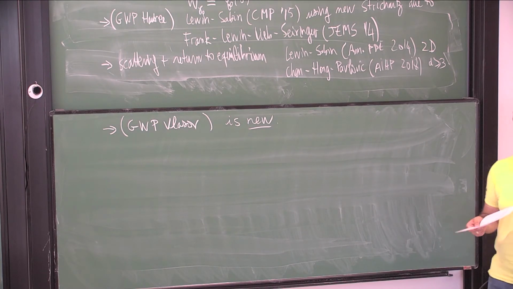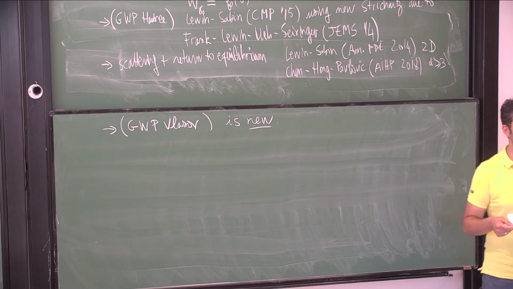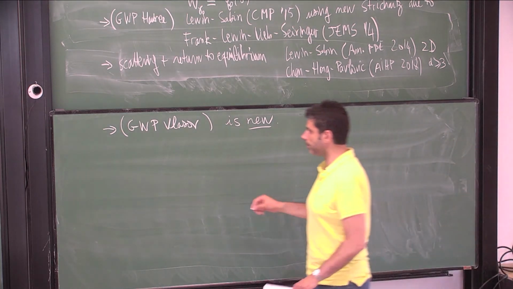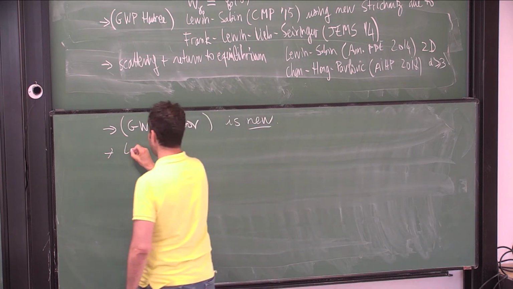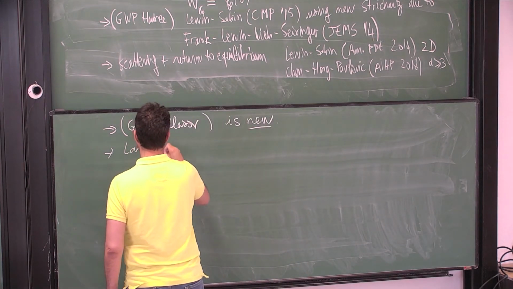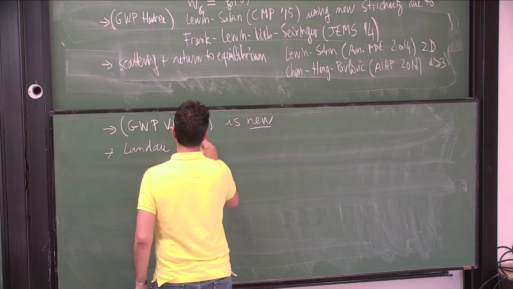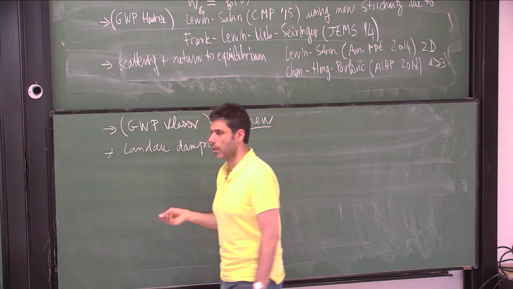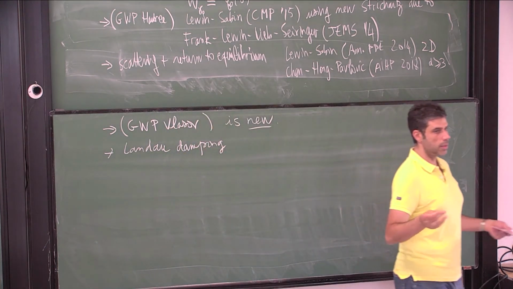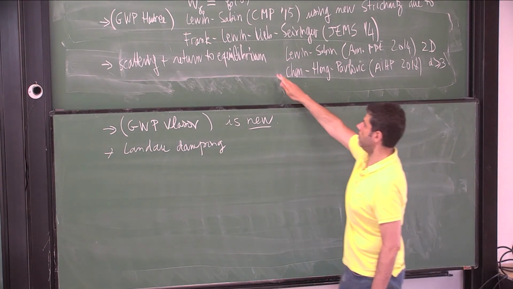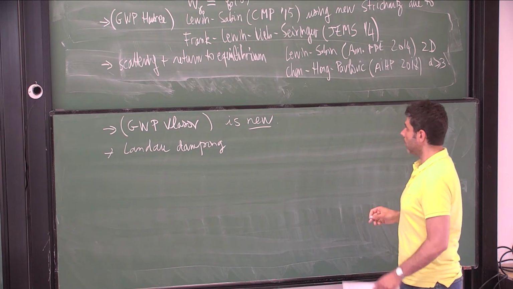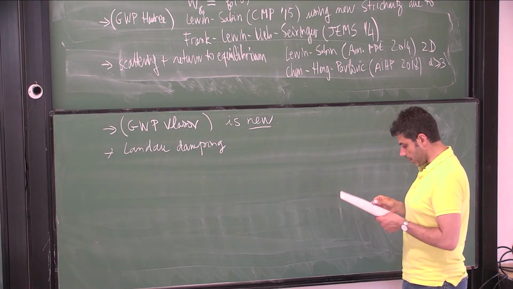There are many, but they all look at what people call Landau damping, which is the scattering and return to equilibrium. So Landau damping is just the fact that if you do a small perturbation, let it evolve, it will converge weakly back to the gas. Okay, so it's exactly the same as here, with very similar assumptions, by the way.